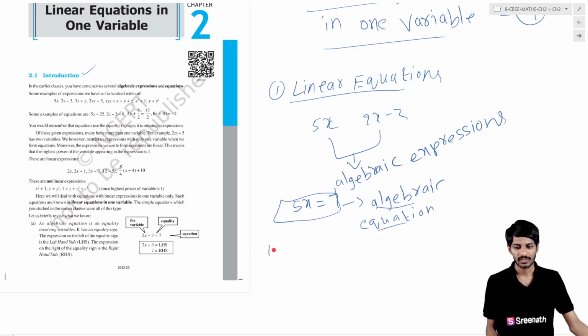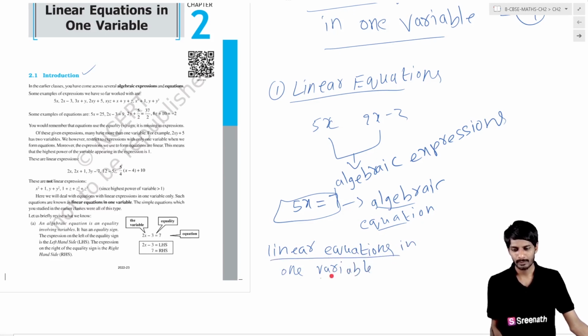Now, what are linear equations in one variable? We also call these linear equations in one variable simple equations.